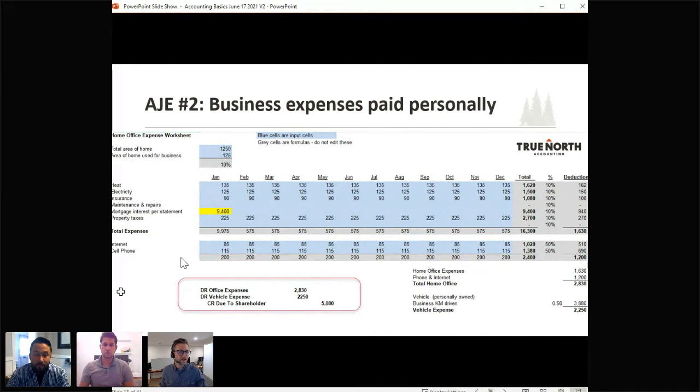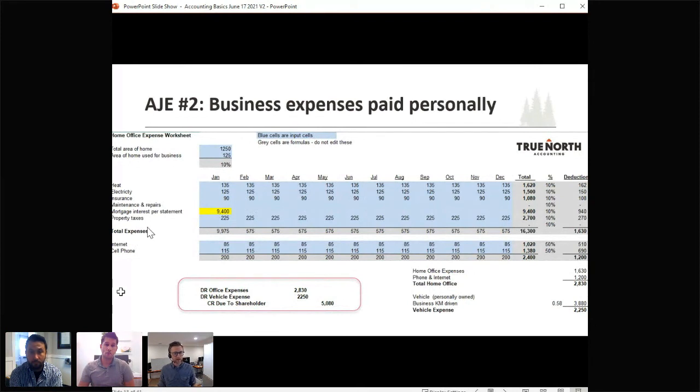So this is a template that we use with our clients, and it's just to capture all the costs, like your utility bills. I just use some simple, like the average amounts over the year. So insurance, $90, heat and electricity, averaging $260 a month. Your mortgage interest, that's the big one.